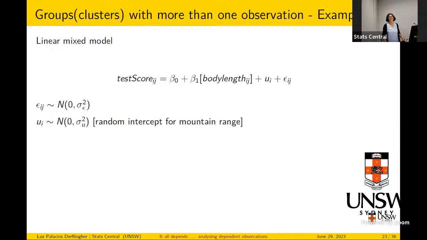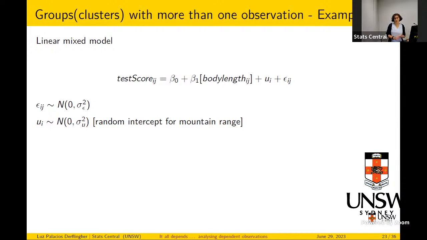Does the mountain range have a different impact on different dragons? Well, it can be, yeah, but the thing is that here, our main interest is the relation between body length and test score, right? And if we wanted to account for the variation by mountain range, that's when we include this random intercept, right?